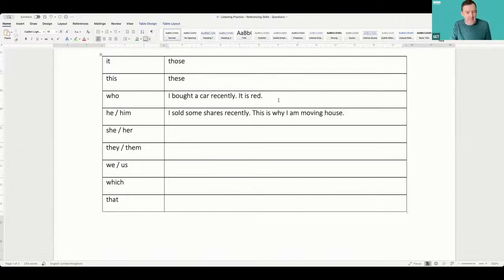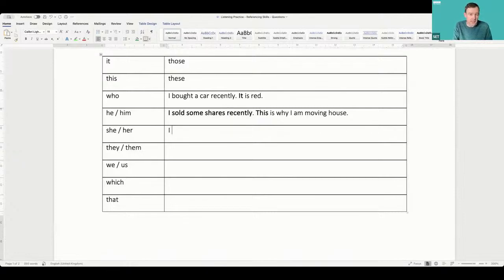Okay. This can be a simple noun, but there is no single noun there apart from me. So this must mean the whole thing. This must refer to the fact that I sold some shares recently. There is no single noun in that previous sentence that I'm referring to.